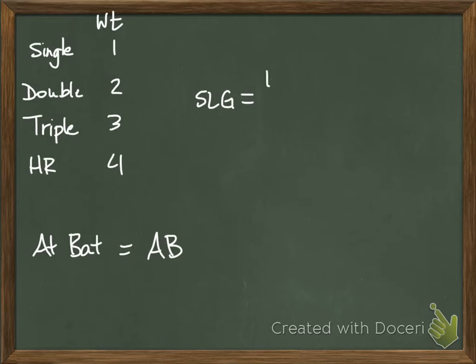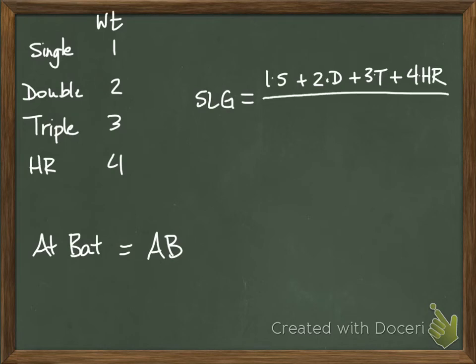So you're going to get 1 times the number of singles, plus 2 times the number of doubles, plus 3 times the number of triples, plus 4 times the number of home runs. And all of that is going to be divided by the number of times at bat.